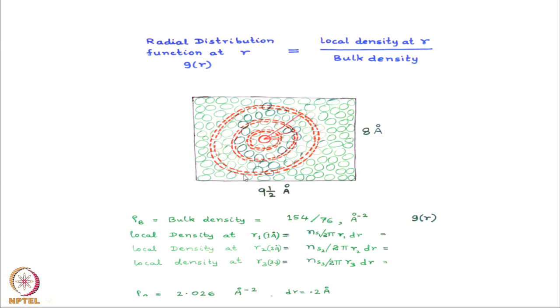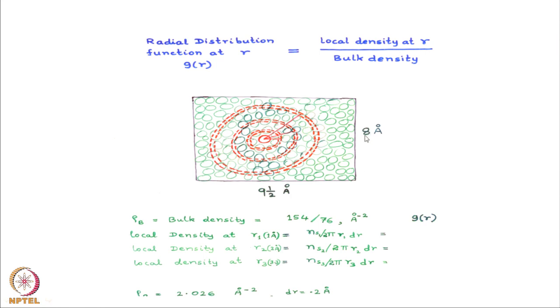So, in 2 dimensions, instead of a volume, I have an area. How do I calculate the local density? Number of particles in that area divided by the volume in 2 dimensions, which is that area now. Okay. So, density at r divided by bulk density. It would be very easy to calculate now. Let us first calculate the bulk density. What is the bulk density in 2 dimensions? Number of particles in this entire box divided by the area.